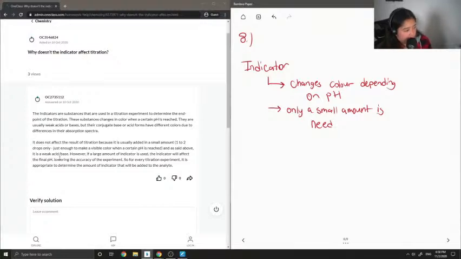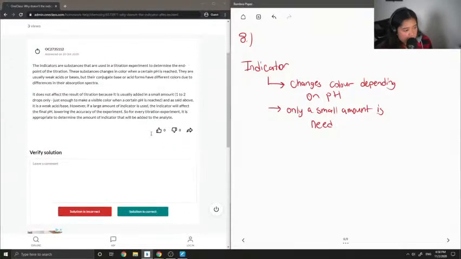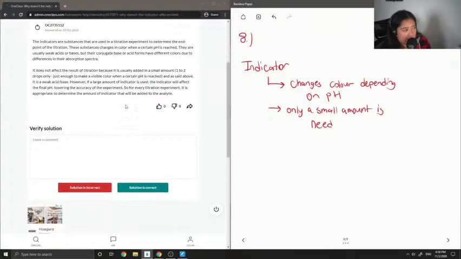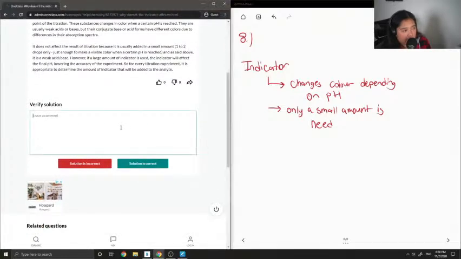And as said above, it is a weak acid/base. However, if a large amount of indicator is used, the indicator will affect the final pH, lowering the accuracy of the experiment. So for every titration experiment, it is appropriate to determine the amount of indicator that will be added to the analyte. So you don't want to add too much indicator, like they said, because this will have an effect on the pH.